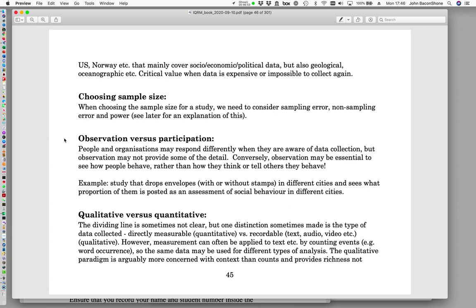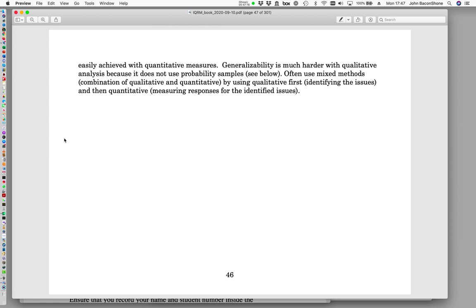So the qualitative form of analysis is much more concerned with the context and the counts, and is focused on a richness of understanding. So particularly if I have no pre-existing hypothesis, if I'm trying to start from scratch to understand some phenomena, this is generally where people are more interested in using qualitative research. On the other hand, because qualitative analysis does not generally use probability samples, then generalizability is much harder.